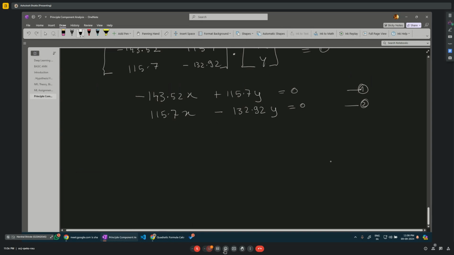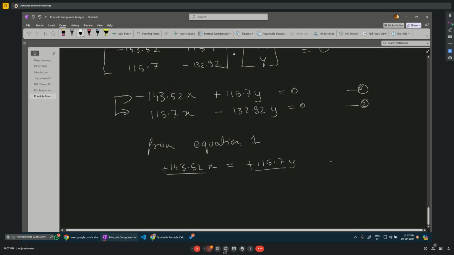So I'll take the first equation. From equation 1, we have minus 143.52x equals to, we take this on the other side, minus 115.7y. So we make it plus on both sides. This is the coefficient of x and this is the coefficient of y, and these two are inverses of each other, so there is no point in trying to eliminate.